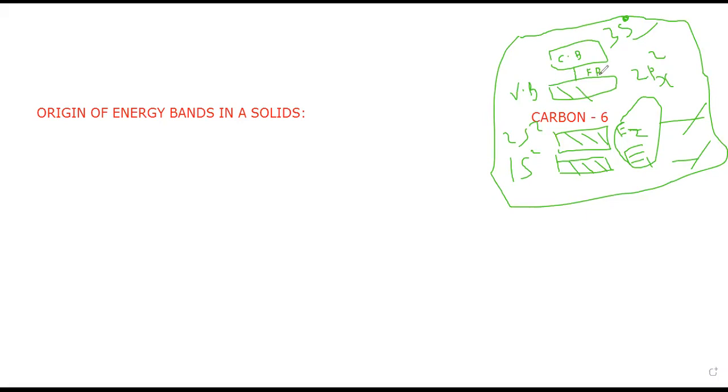So what is the origin of these bands in a solid? That is our topic. What is today's topic, students? Origin of energy bands in solids. Good. The carbon atom has different types of energy bands.